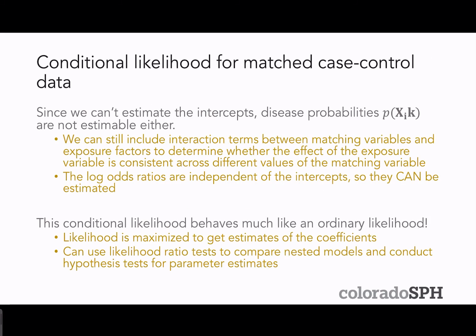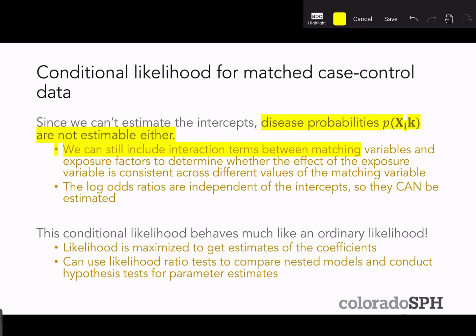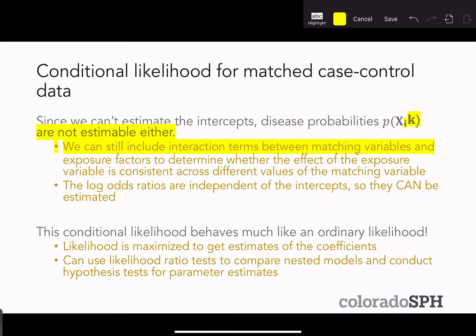So since we can't estimate the intercepts, we also cannot estimate the disease probabilities. That should be a subscript there.